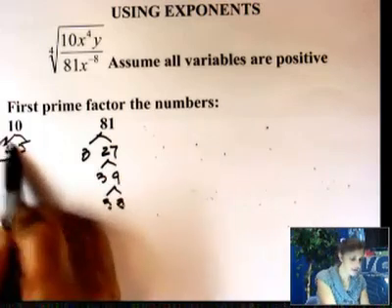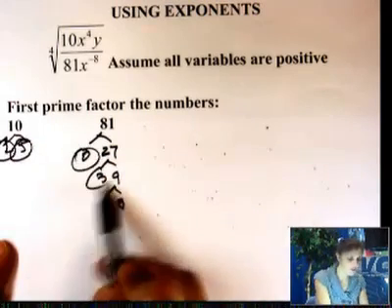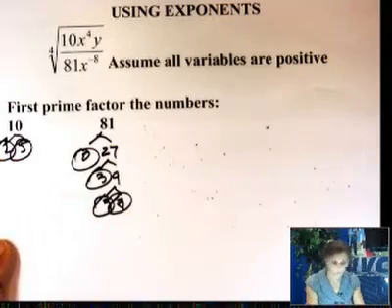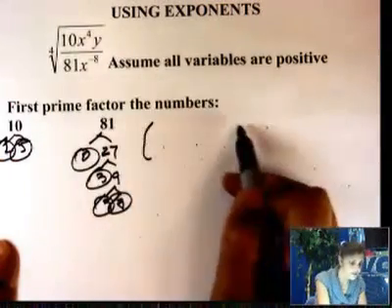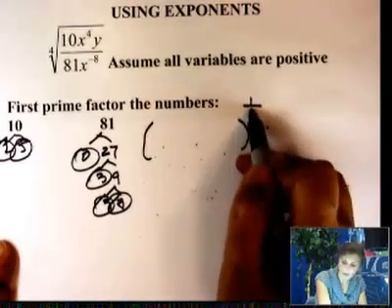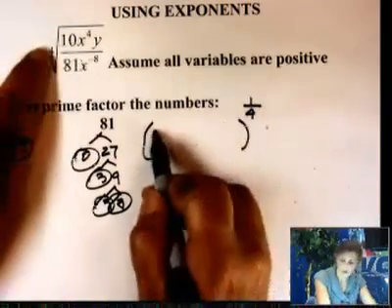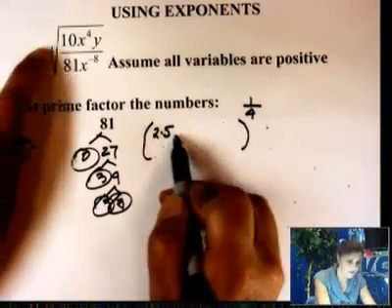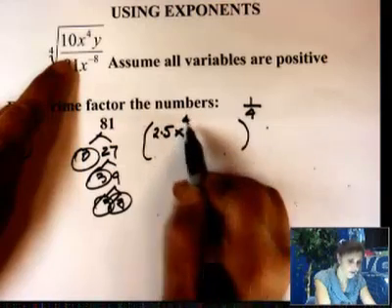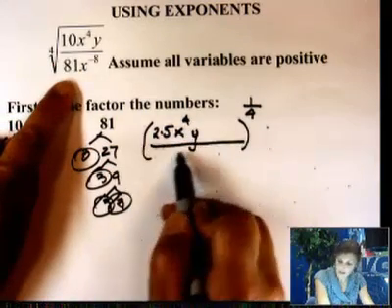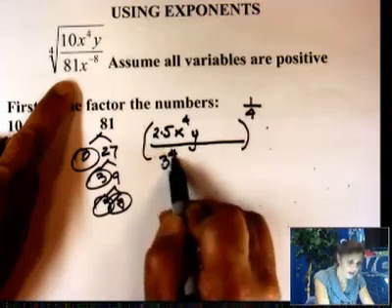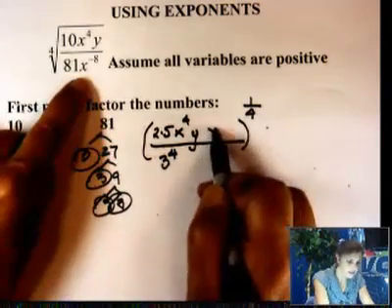So this is 2 times 5, this one is 3 times 3 times 3 times 3. I'm going to write everything that way as a power. So let's go to the 1/4 power. So I have 2 times 5, x to the fourth, y, and this one is 3 to the fourth. And I'm going to move that x up, x to the 8.